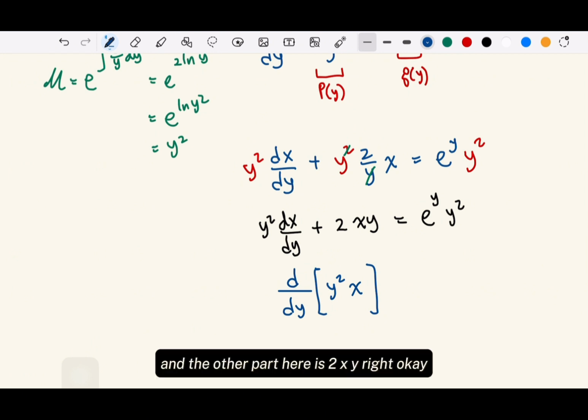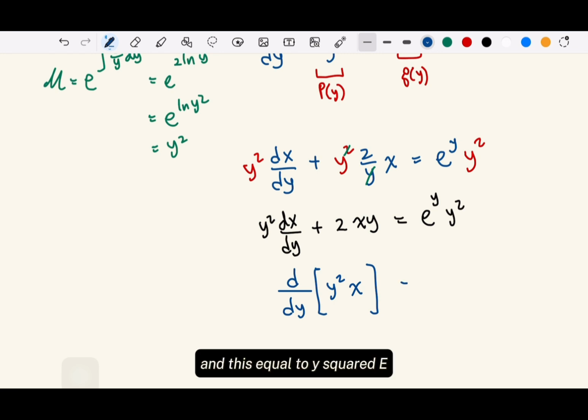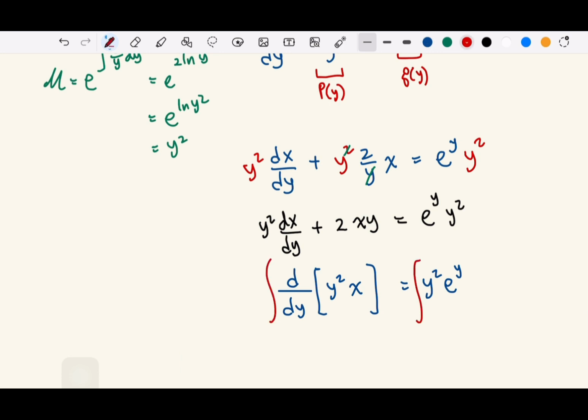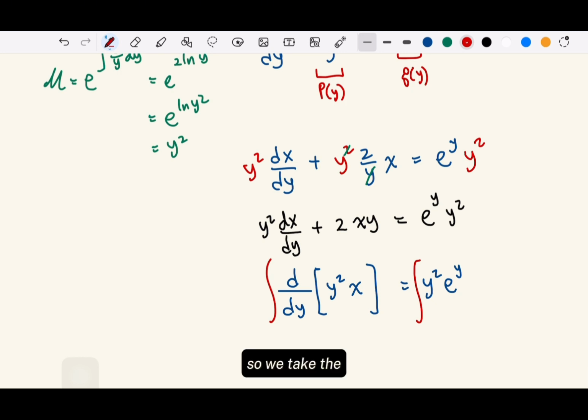And the other part here is 2xy, right? And this equals y squared e to the power of y. And then we take the integration with respect to y. So we take dy over dy.